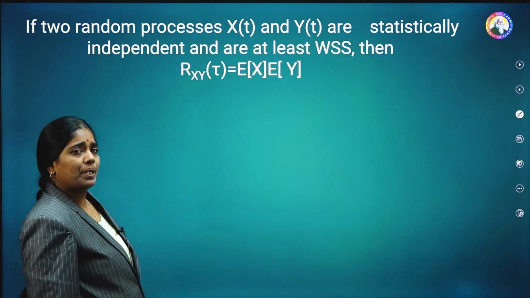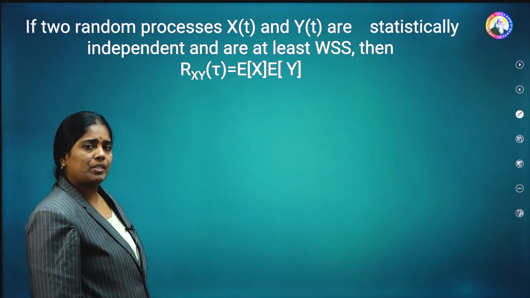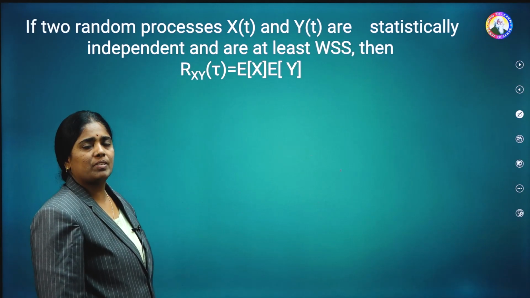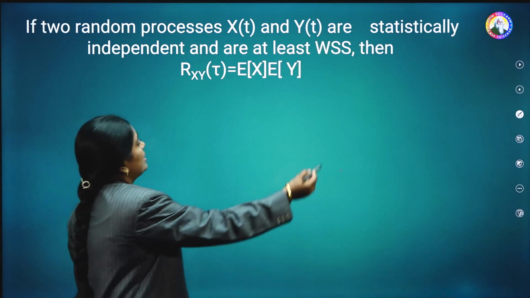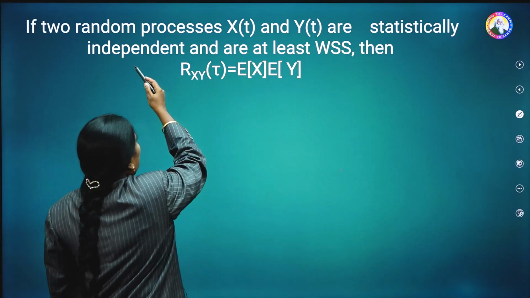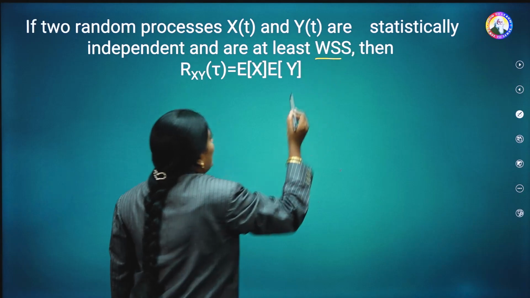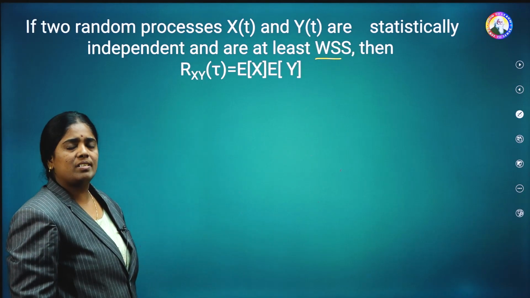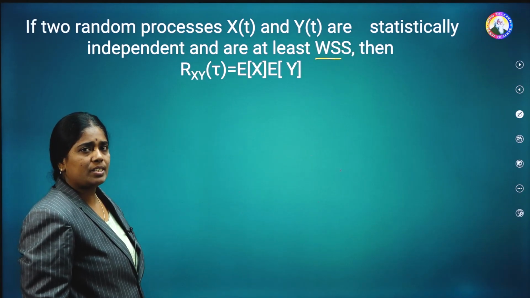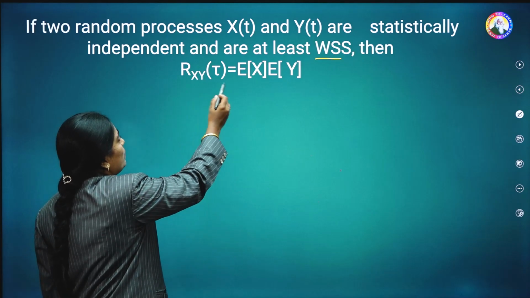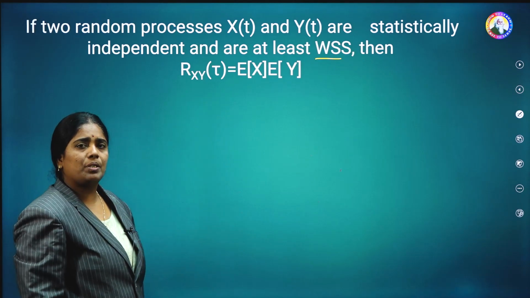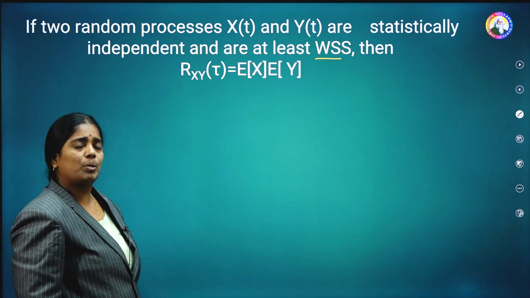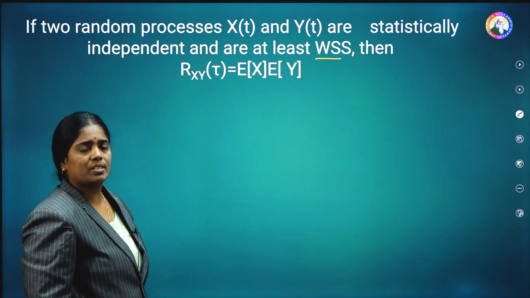Coming to the next property, suppose you have defined two random processes x of t and y of t, those two are statistically independent and those two are WSS, that means wide sense stationary. In that case, R xy of tau is equal to E of x into E of y. This is one more property of the cross correlation function.